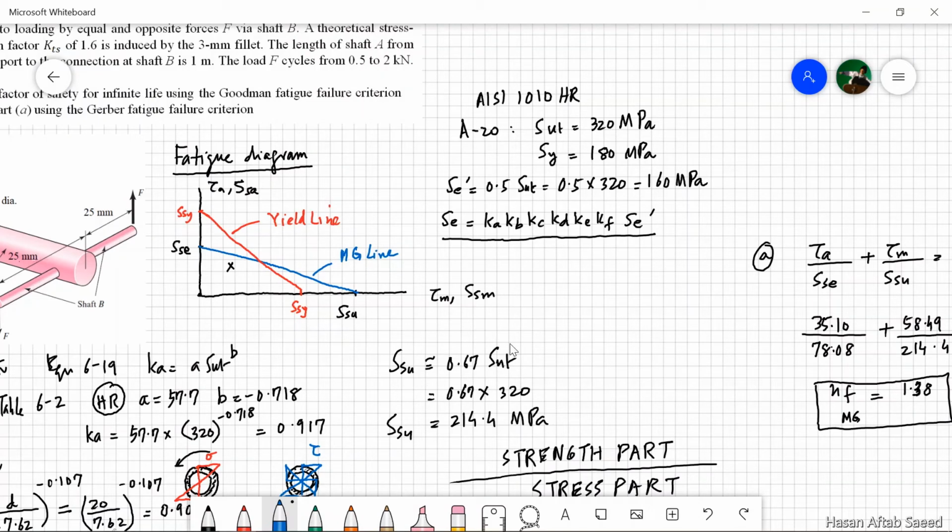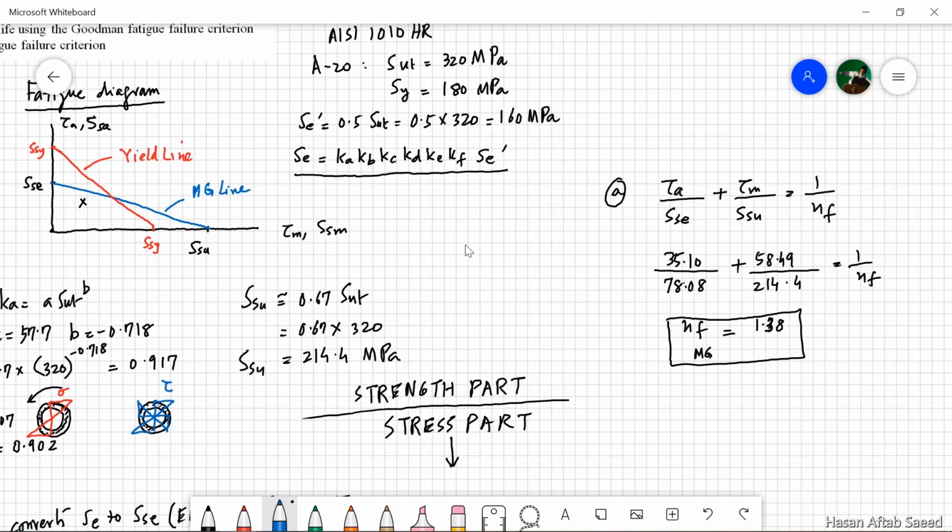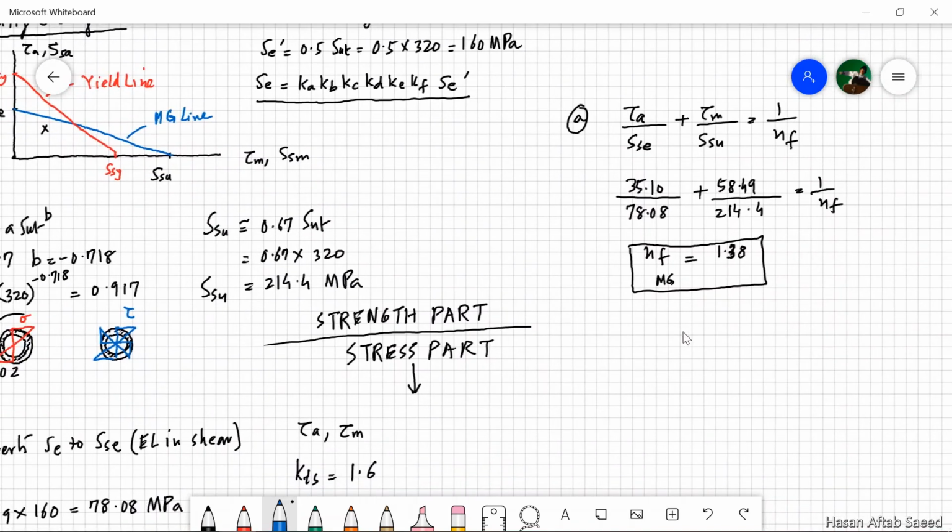Now, if some point plots under the yield as well as the modified Goodman line, then it is safe against both these modes of failure. But it could be possible that something doesn't break under fatigue, but it yields. So we have to check this. It's always good practice to check this. And if you recall the equation for the yield check, it gives you tau A plus tau M equals SSY over NY, and this SSY we just discussed.